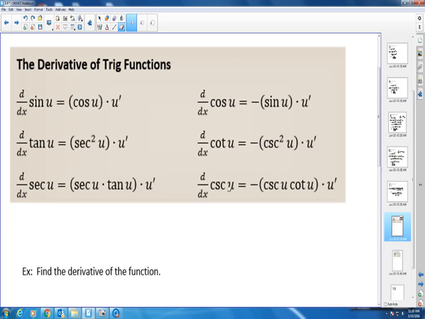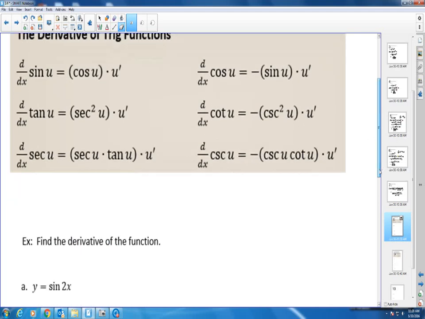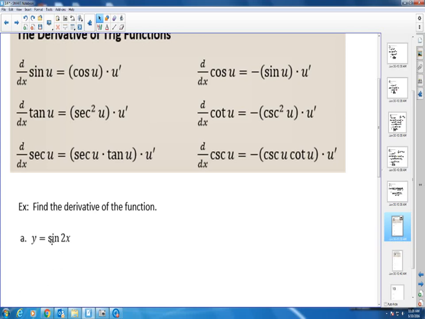Okay, so I will keep on referring back to this. What I really want to show you is the inside and outside function. So if you look at this, y equal to sine of 2x, it's basically saying, if I write it just like what I got up there, let u become 2x.